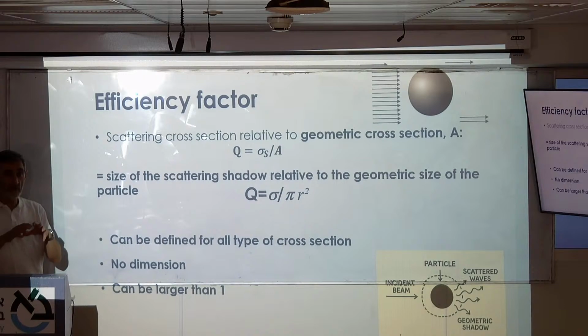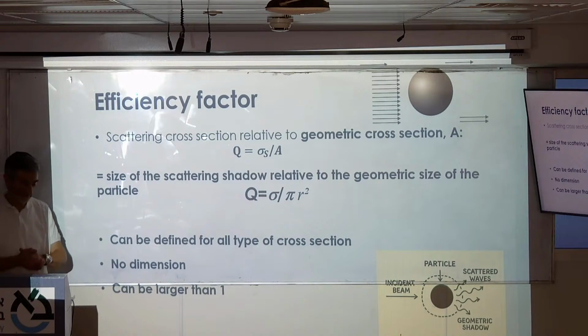If it resonates with the sphere, energy will build up inside the sphere and will radiate after that in different directions. Or if it is a very small particle compared to the wavelength, it may work like an antenna that radiates back the energy. All this can make this efficiency factor larger than 1. Any question?